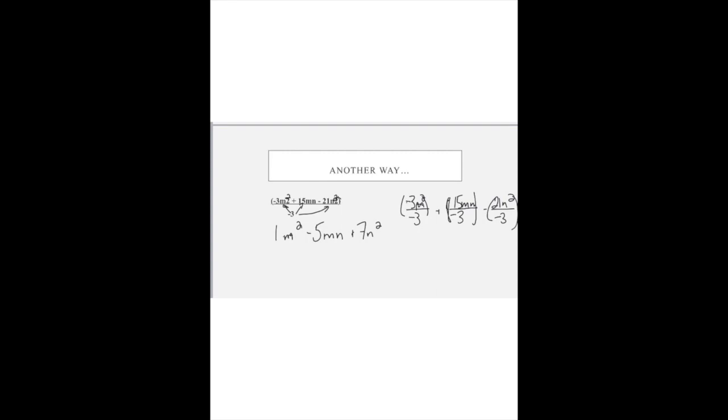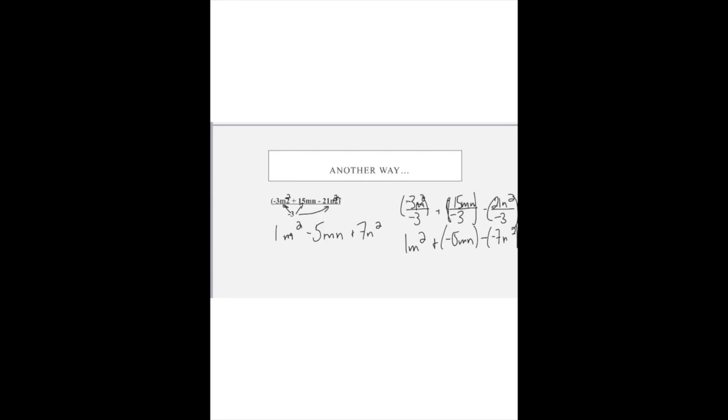And so if you ended up in that situation, negative 3 divided by negative 3 again equals 1m squared, plus negative 3 into 15 would be negative 5mn, and minus negative 3 into 21 would be negative 7n squared.